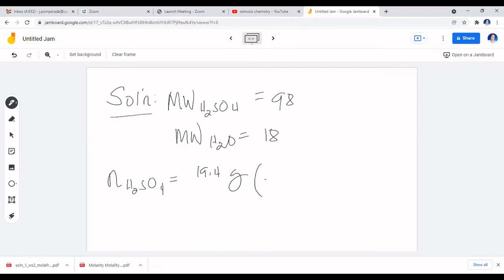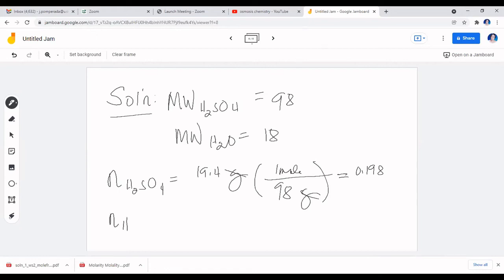I will convert to moles by dividing by 98 grams for every mole. That will give me an answer of 0.198. So this is now moles of sulfuric acid.